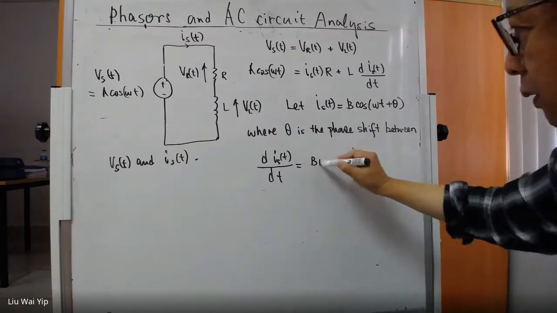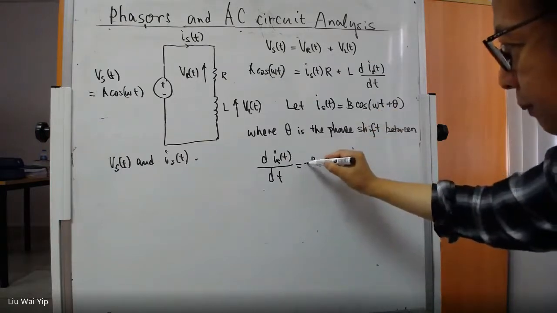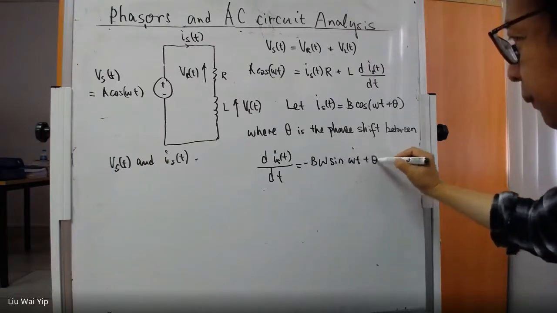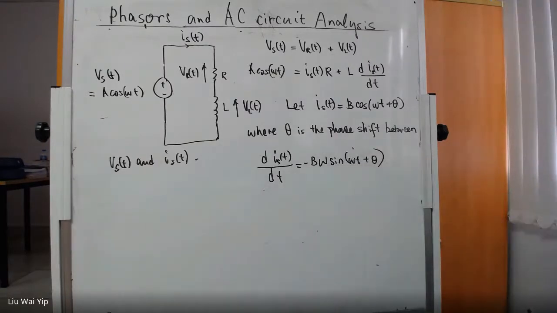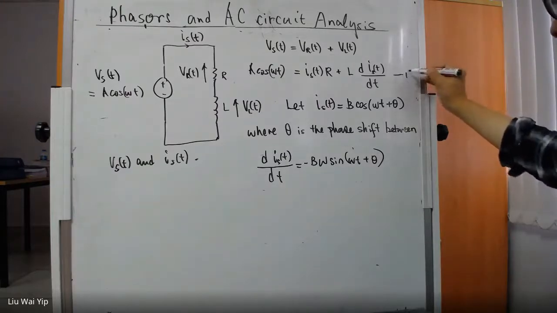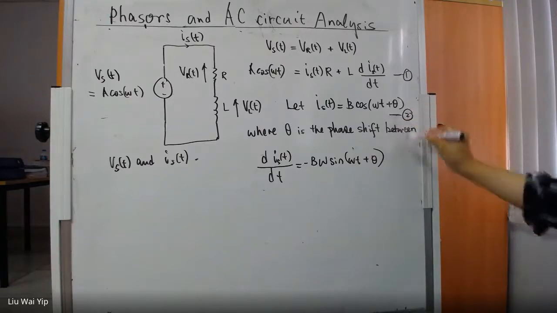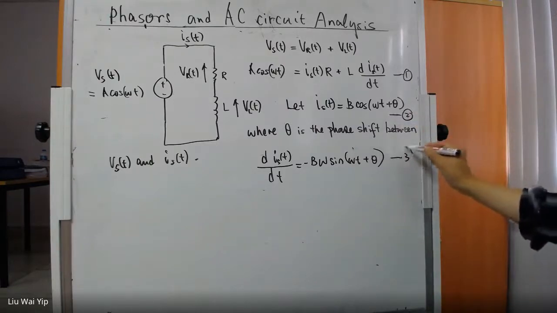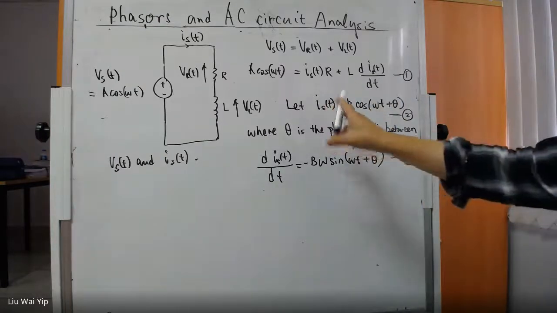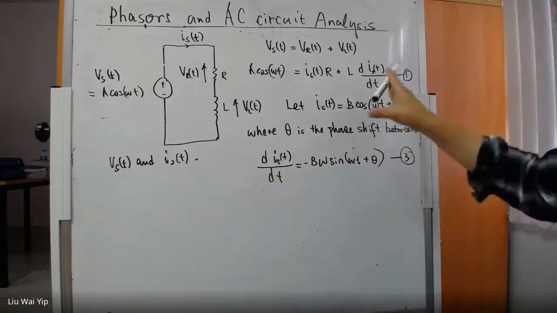B omega, and then cos becomes minus sine. Now, you have three equations. Equation 1, this one is equation 2, and you have equation 3 here. And our job is to substitute Is and the time derivative of Is back into equation 1.